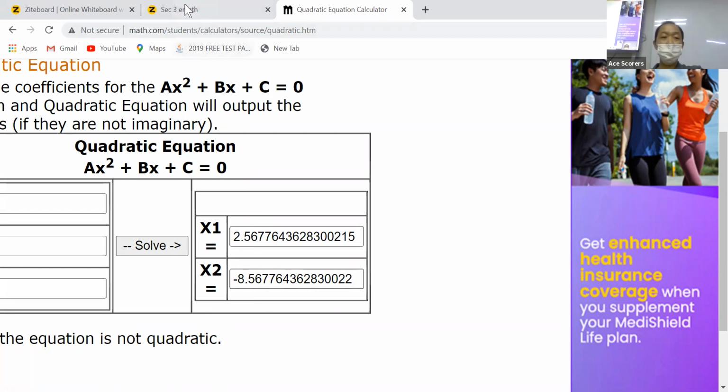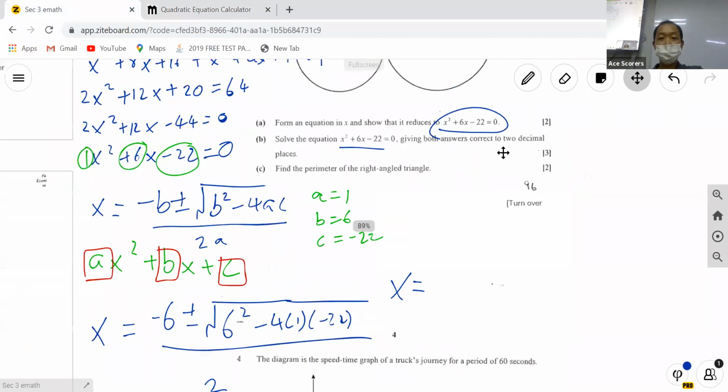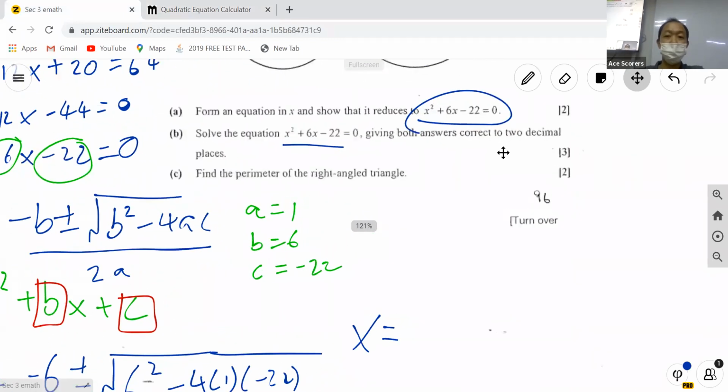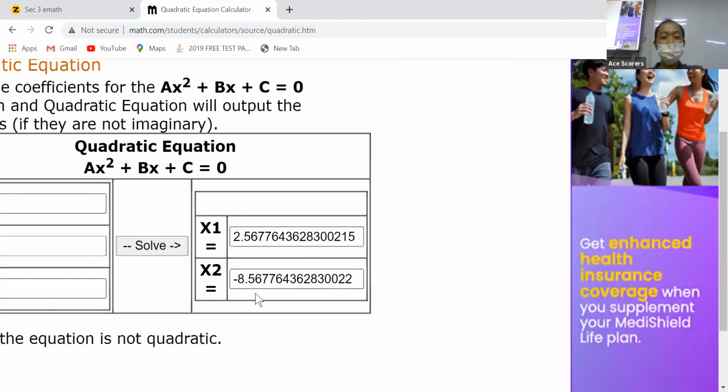Okay, now once you get 2.56, x equals to how many? Just put 2.57, to 2 decimal places. The other one, reject, is negative 8.57.